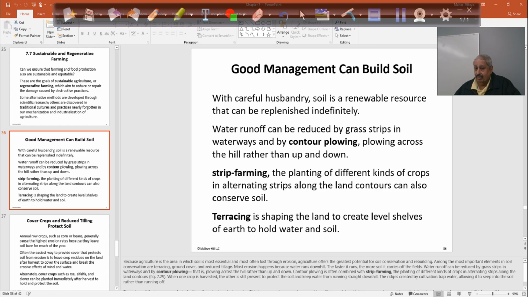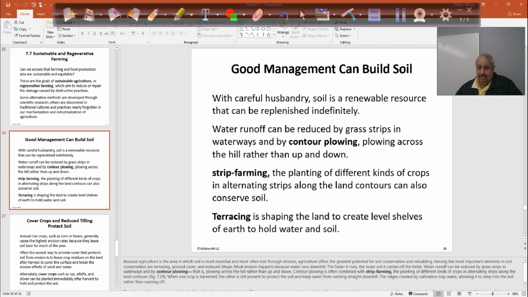And that helps to protect the soil. Terracing is shaping the land to create level shelves on earth to hold water and soil. Terracing is like building small tiny banks in the soil that hold water inside as a reserve. Okay, so those are types of good management for the soil.